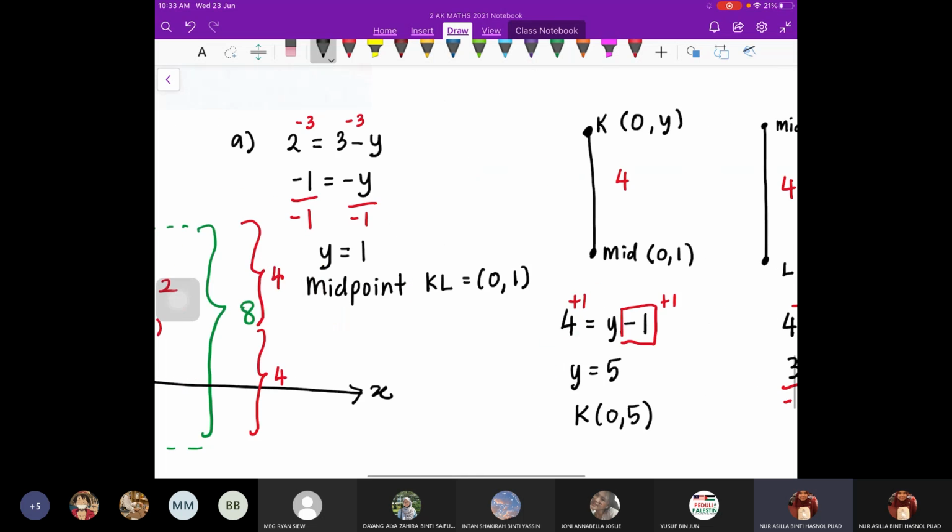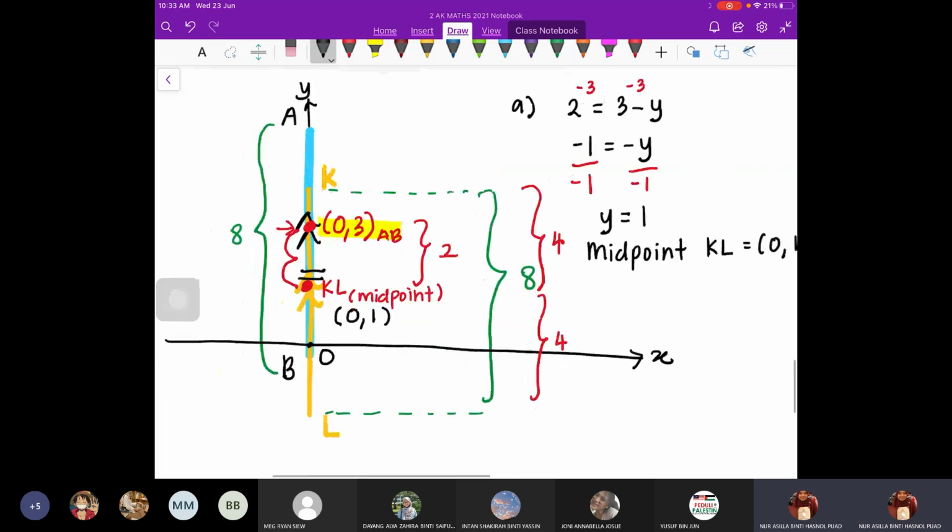Okay. So berbalik kepada gambar rajah kita. So L ni adalah 0, negatif 3. K adalah 0, 5. So kat sini kita tahulah dia adalah negatif 3. And over here it is 5.